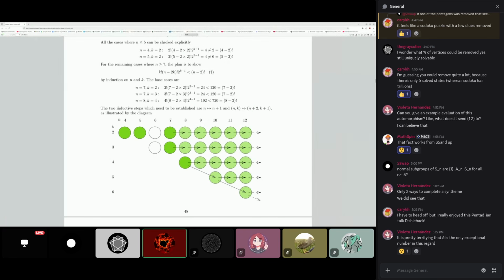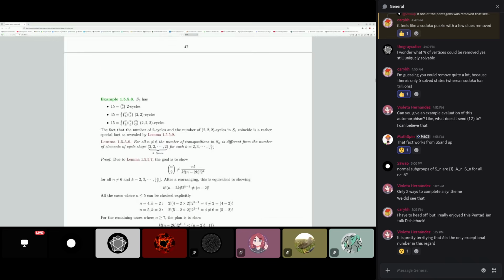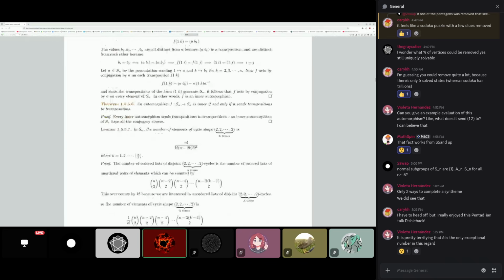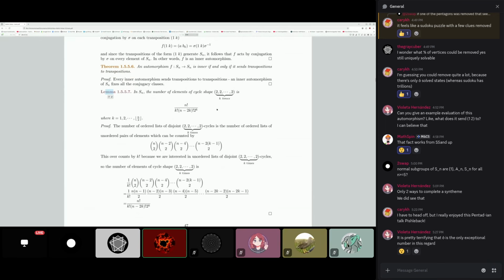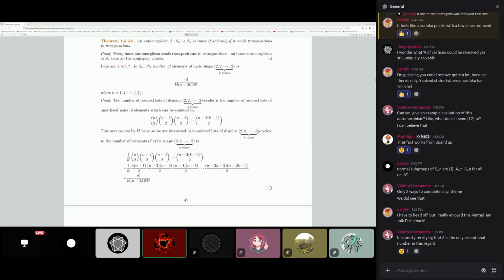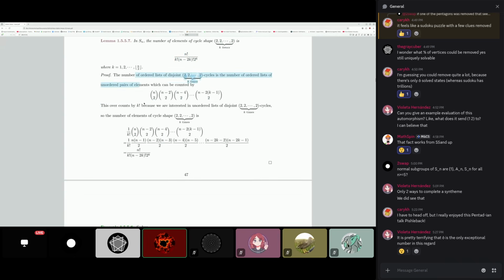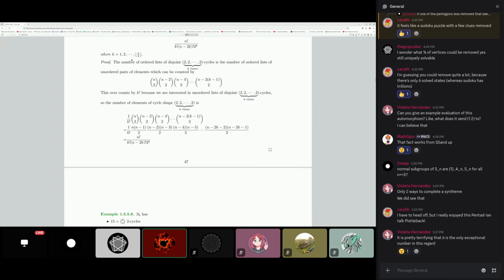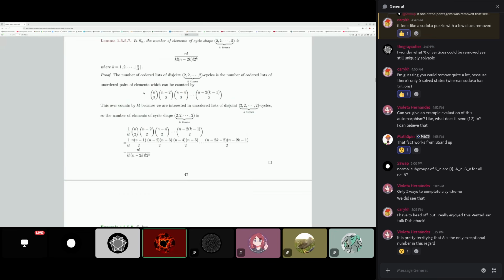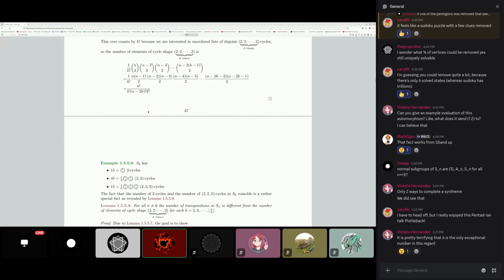Okay, so that's what I just drew. So the number of elements, you count the number of elements of cycle shape 2 to the k as something, and you have a big nasty inductive argument. Well, it's not too bad, it's just a bit messy to show that.